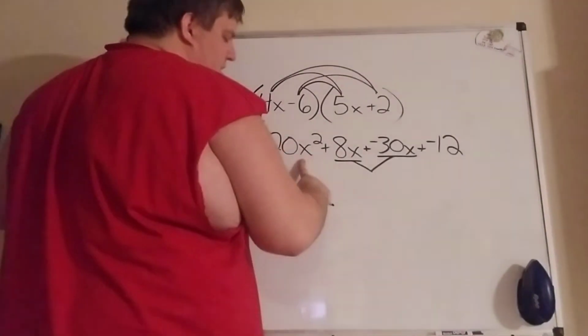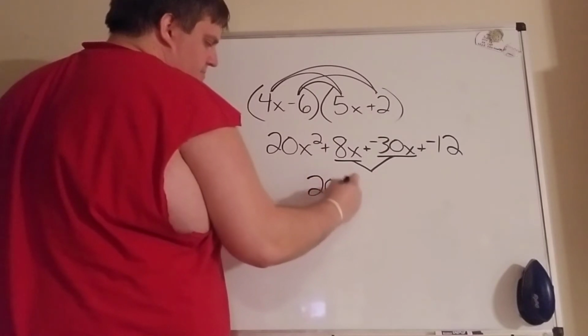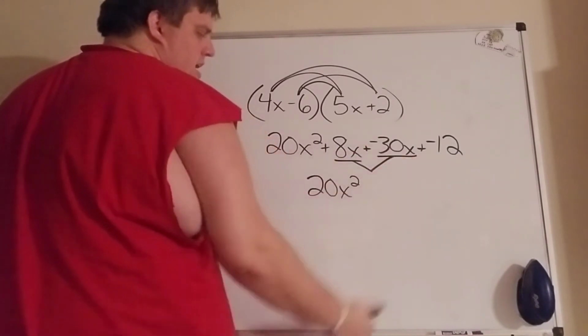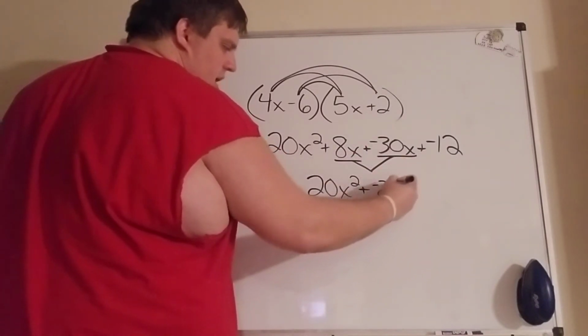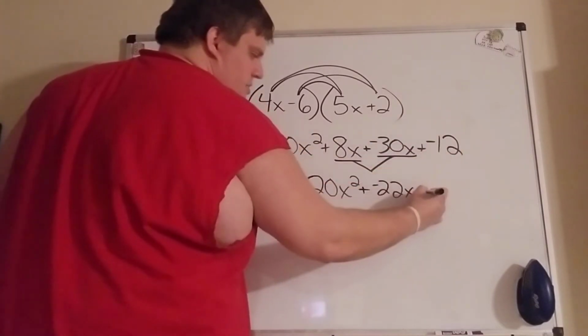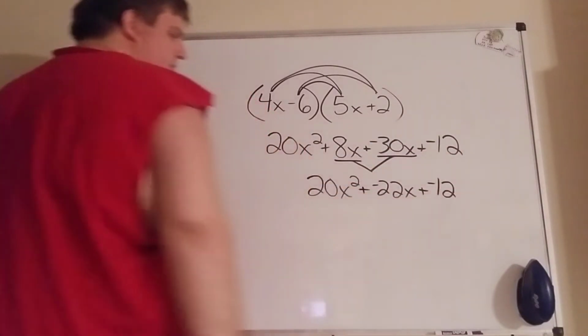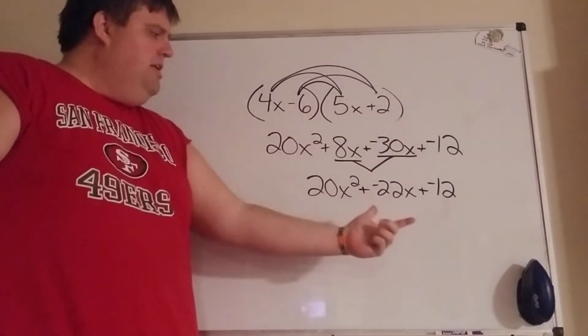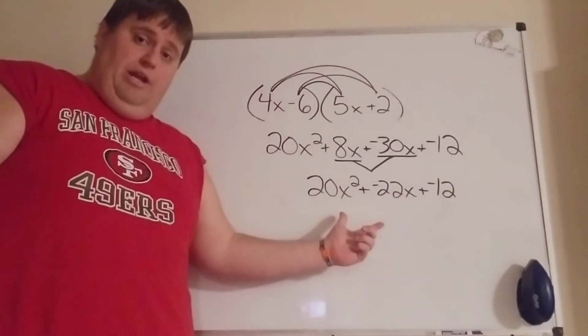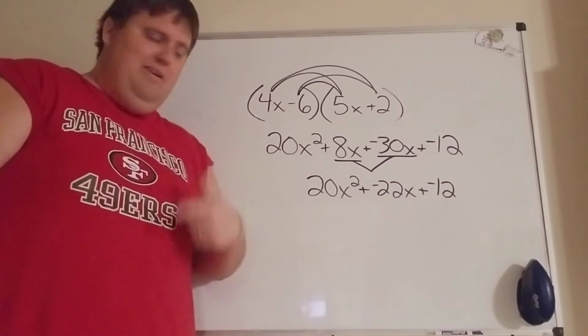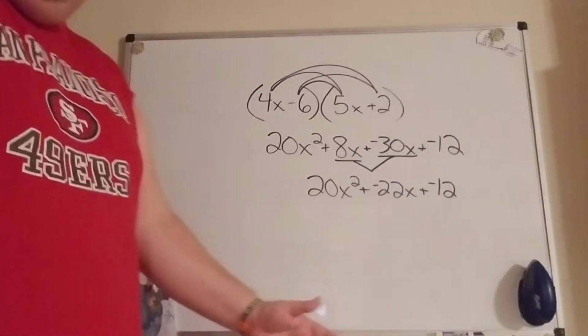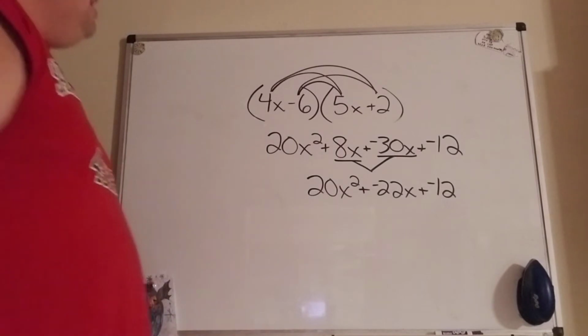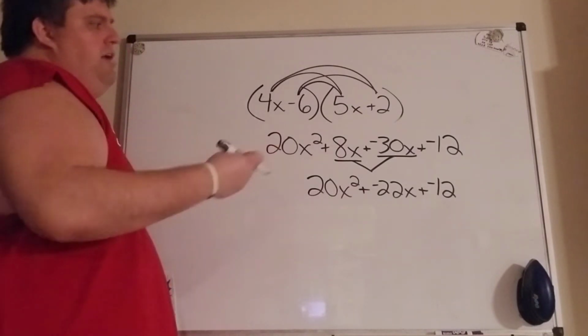So 20x squared doesn't match with anything. 8x plus negative 30x is going to be negative 22x. And negative 12 doesn't match with anything either. So when I multiply a binomial by a binomial, I am going to get a trinomial. Pretty crazy, right? That's the gist of any binomial times a binomial.